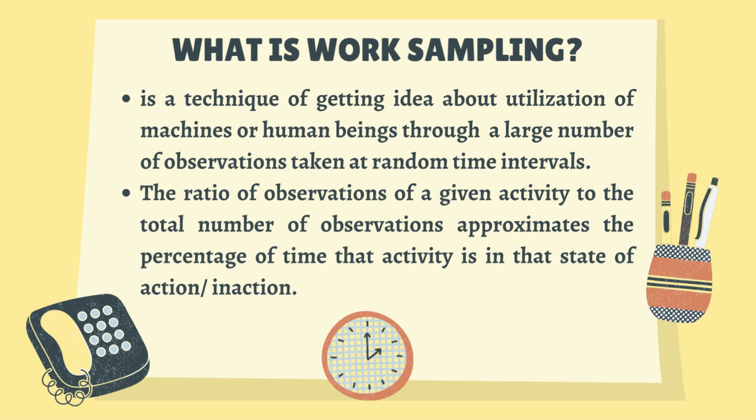It is very easy, guys. The working time is 480. Divide by 500 times 100 equals 96%. And then the idle time, 20 divided by 500 times 100 equals 4%.